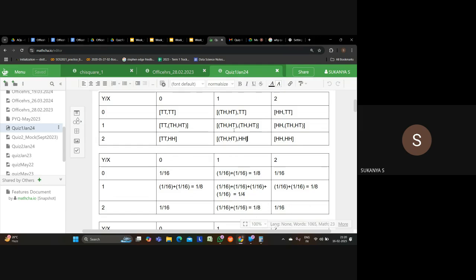In one case both of them should occur together, in the other either one of these should occur. The first case was tail head and head head, which should occur together, so we did 1 by 4 into 1 by 4. But either one of these is enough, so we are doing an addition of probabilities.